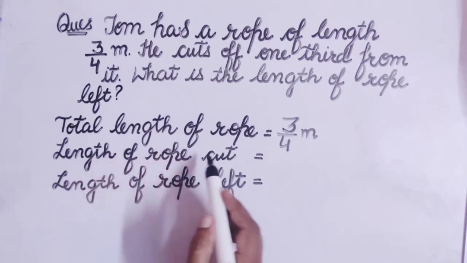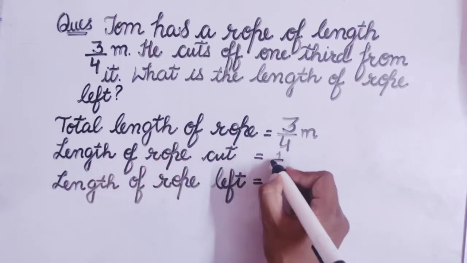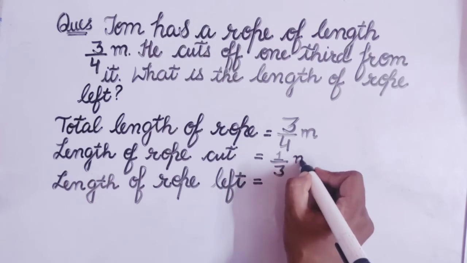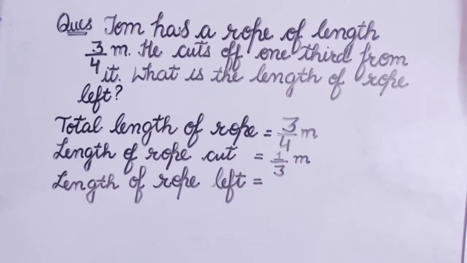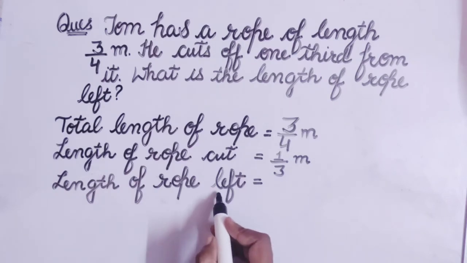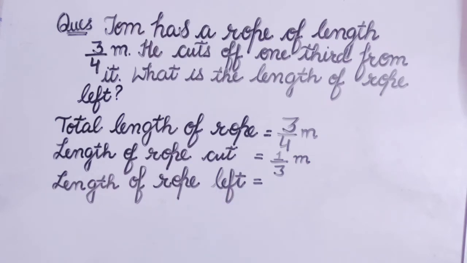So I will write the length of rope cut as 1 by 3 meter. Now students, the question is asking what is the length of rope left? Let us suppose one example, students. Suppose I have 10 chocolates, out of which I have given 6 chocolates to my friend. So how many are left with me? 4 chocolates.